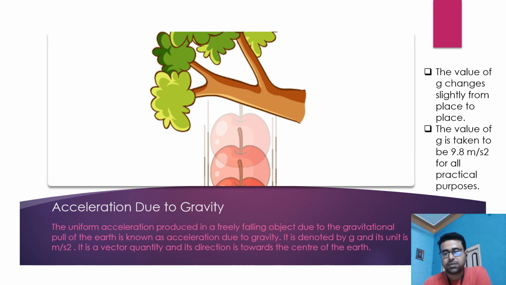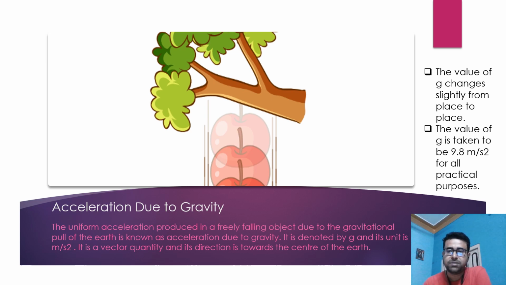Next one is acceleration due to gravity. When something is falling, suppose an apple is falling from a tree, or suppose you are throwing a pebble from the rooftop, then while it is falling, it is getting accelerated by the force of gravity. This is called acceleration due to gravity.